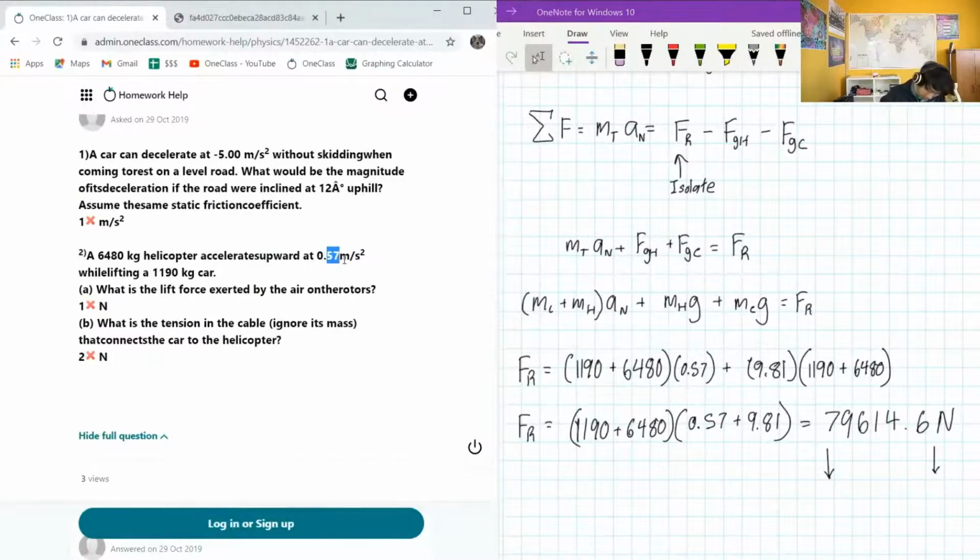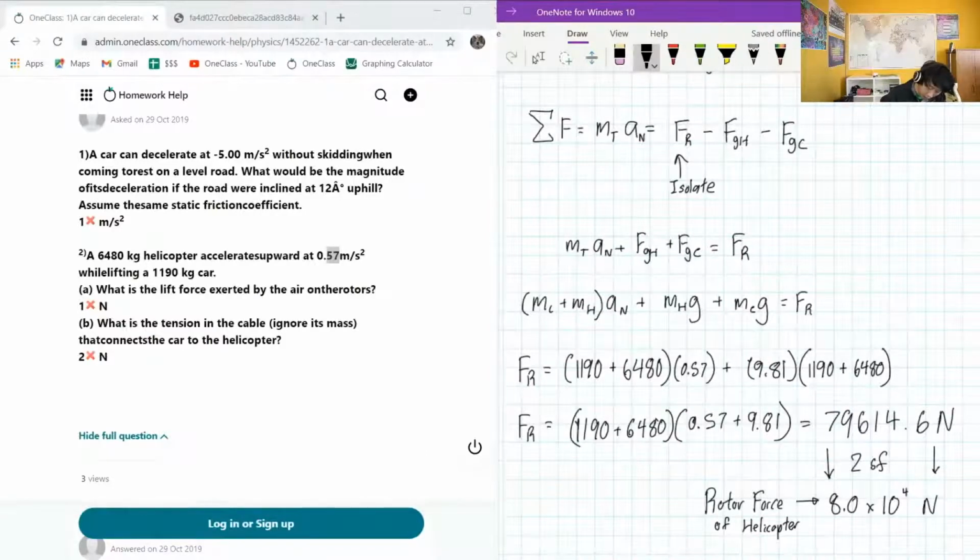So with 2 SF, we have 8.0 times 10 to the 4 newtons. This is the rotor force of a helicopter. Okay, pretty cool.